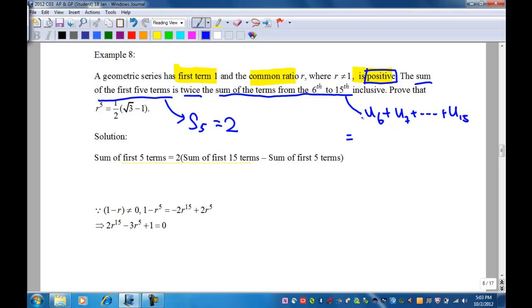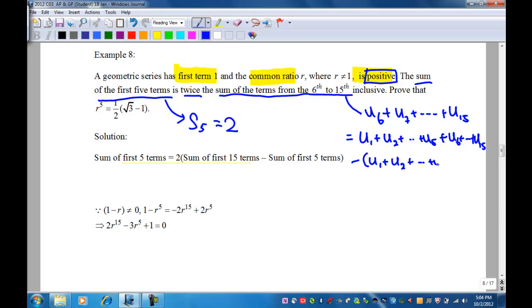When we have the Sn formula, we know that we always sum from U1. So we have to make reference to a summation from U1, U2, and all the way to U5, U6, and all the way to U15. Now, this will have a few extra terms, which is the first 5 terms that we have added in, right?